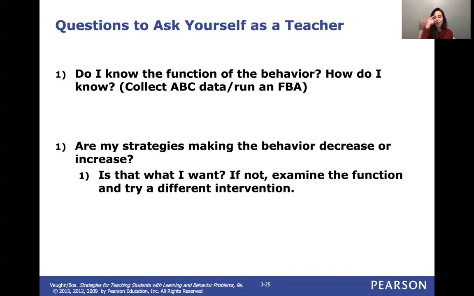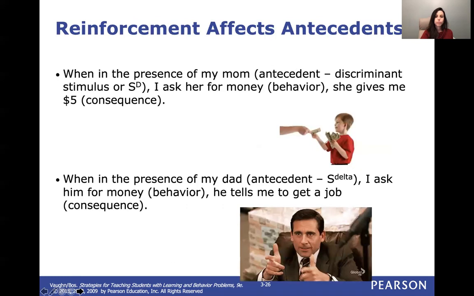So you might think, oh, I'm sending them out of the room and the behavior is increasing and reinforcing it. So that means it's probably either attention or tangible. And I need to do another strategy here, okay? I wanted to know, and I'm not going to delay long on this, but I did want you to know that the antecedent, the reinforcement does affect the antecedent.